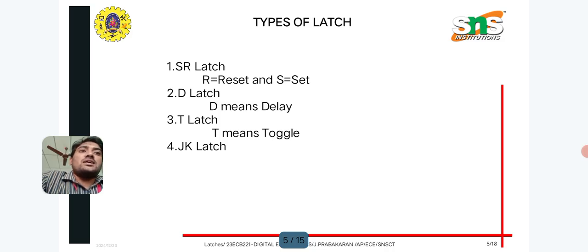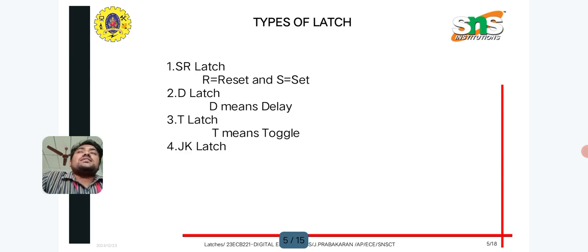Both outputs become unstable. Next, the D latch: inputs are data D and enable E, outputs are Q and Q bar. When enable E equal to 1, Q equal to D, which means transparent mode, the output follows the input. When E equal to 0, Q retains its previous state, that means hold state. And then the JK latch: input J is nothing but the set, K is nothing but the reset, and enable, with outputs Q and Q bar.